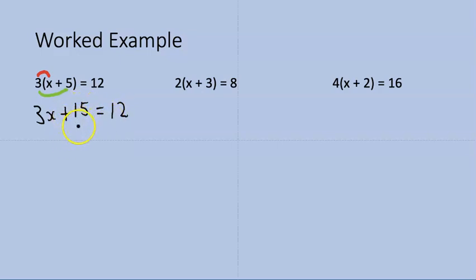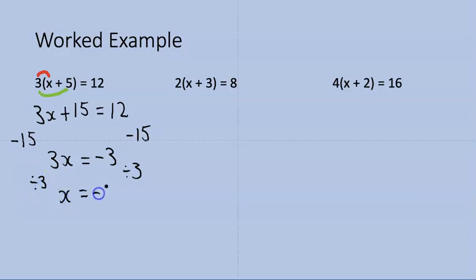So instead of adding 15, we're going to take away 15. So still the same method. Because we take away 15 from this side, we're left with 3x. 12 take away 15 gives me minus 3. This 3 is next to the x, so I divide it by 3. x is therefore minus 1.